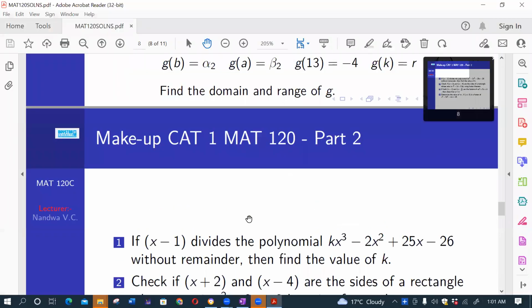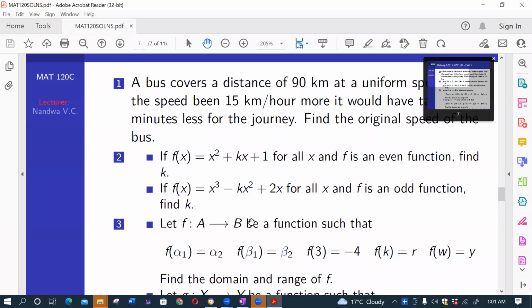So next question: if f of x equals x squared plus kx plus 1 for all x, and f is an even function, find k. And then the next is to find k if f is an odd function.